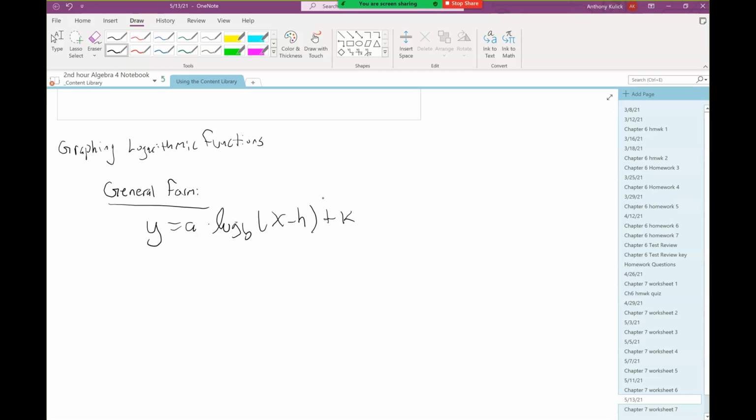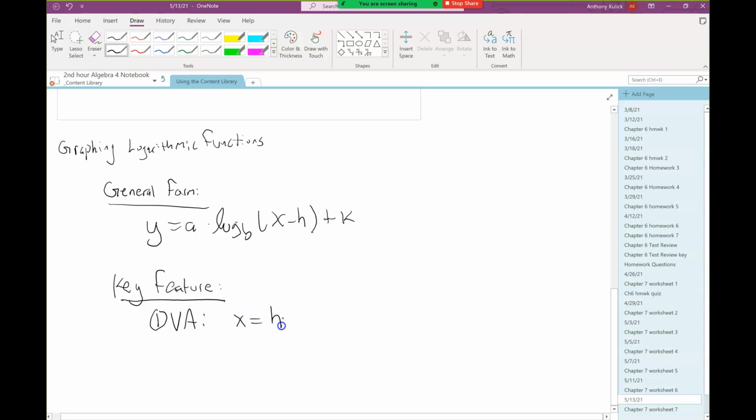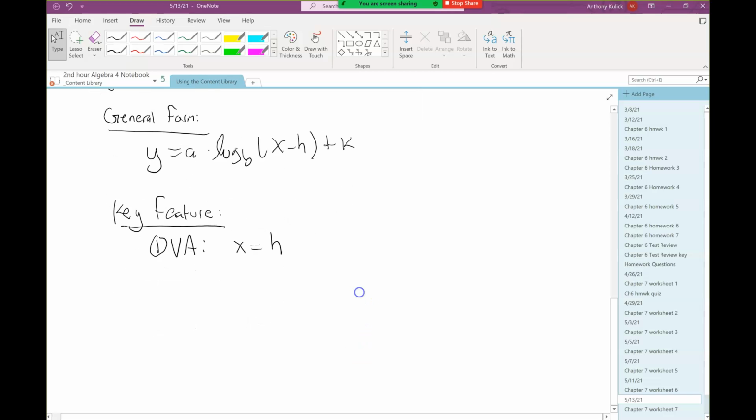So that's our general form equation. There is one key feature that we have to make sure that we include. That is, every logarithmic function has a vertical asymptote at x equals h. No big deal there. Relatively easy to identify. And the way we're going to make our xy table is as follows.